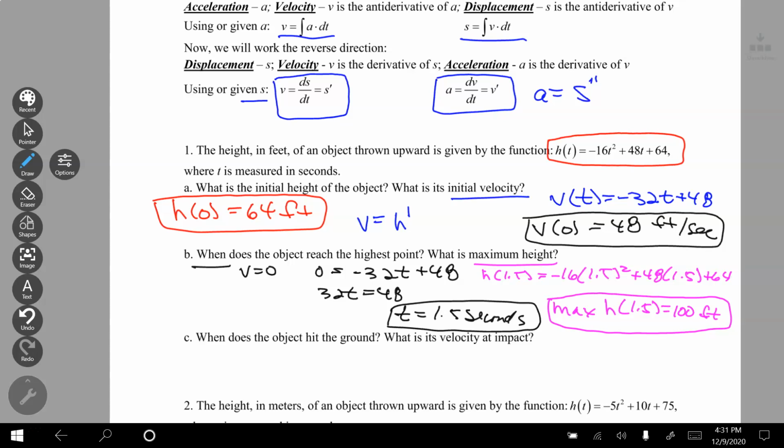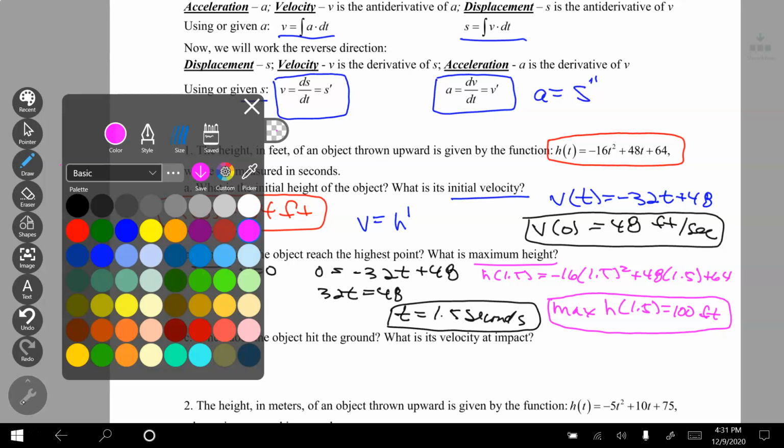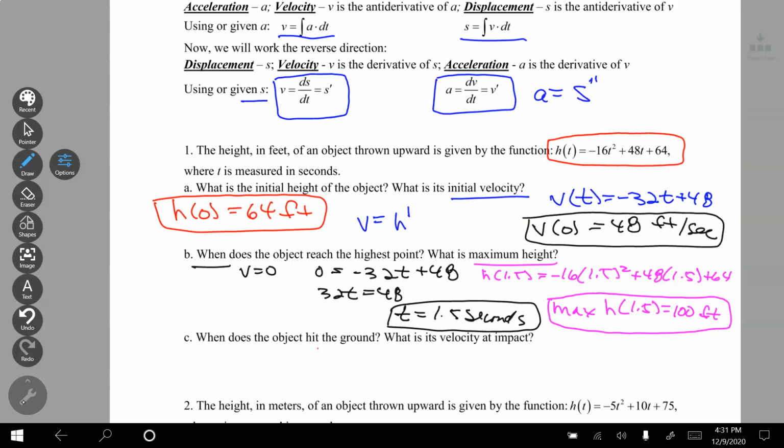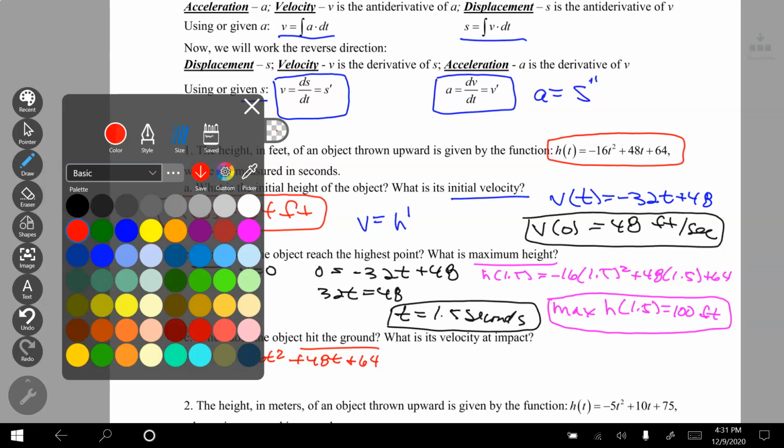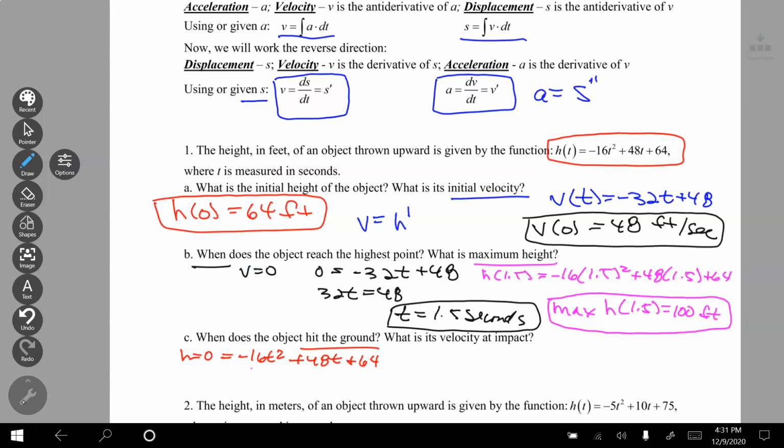When does it hit the ground? Well, that's when h equals 0. I do negative 16t squared plus 48t plus 64. I divide out by something to make it easier. I can see everything has a 16 in it, so I get 0 equals t squared minus 3t minus 4.